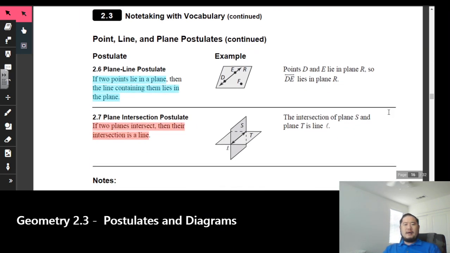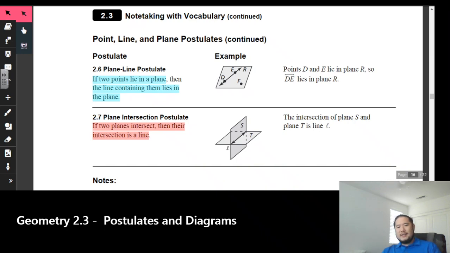2.6, plane line postulate. If 2 points lie in a plane, then the line containing them lies on the plane. So they're saying, look right here. If points D and E are on this plane, then this line DE is on that plane as well. Okay. And remember, it could be any 2 points. I could say right here, line DF.